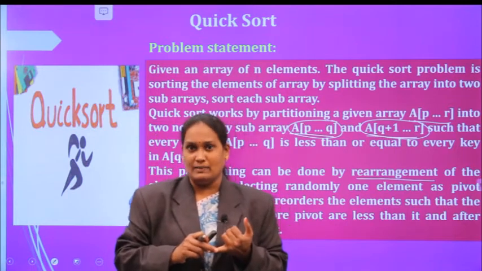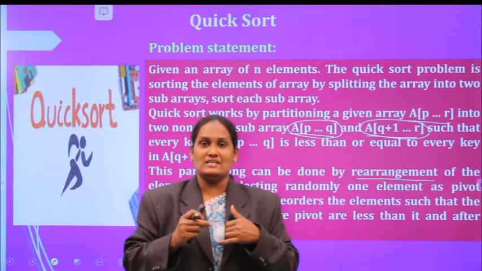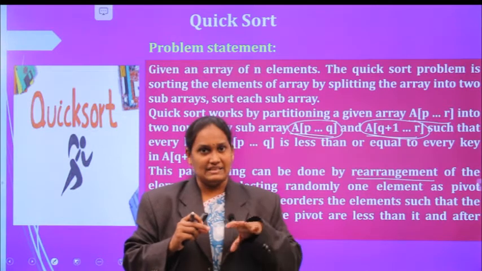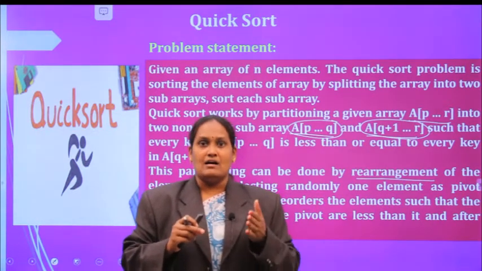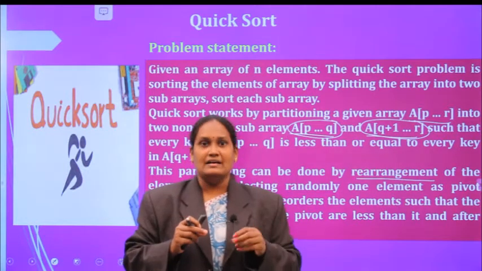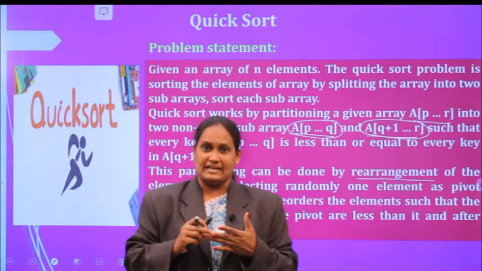Here you are given an array. The quicksort problem arranges the elements in increasing order by partitioning the array into subarrays. How is the partitioning done? Always the elements of the left or first subarray are less than the elements of the second subarray.